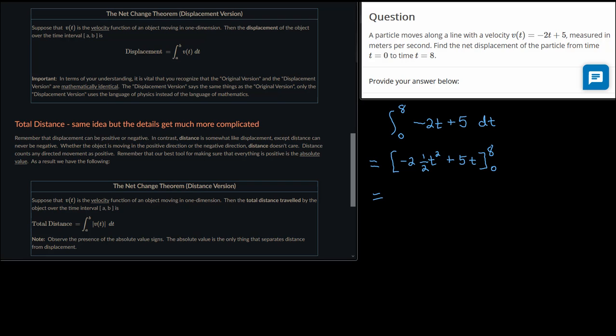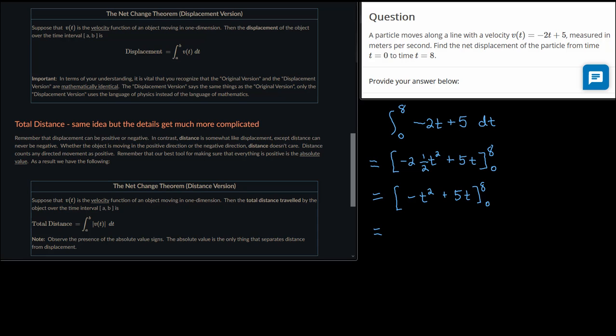Let's simplify this a little bit before we plug in the numbers. Negative 2 times 1/2 makes negative 1. So this is just going to be negative t squared plus 5t, and that gets evaluated at 8 and at 0.